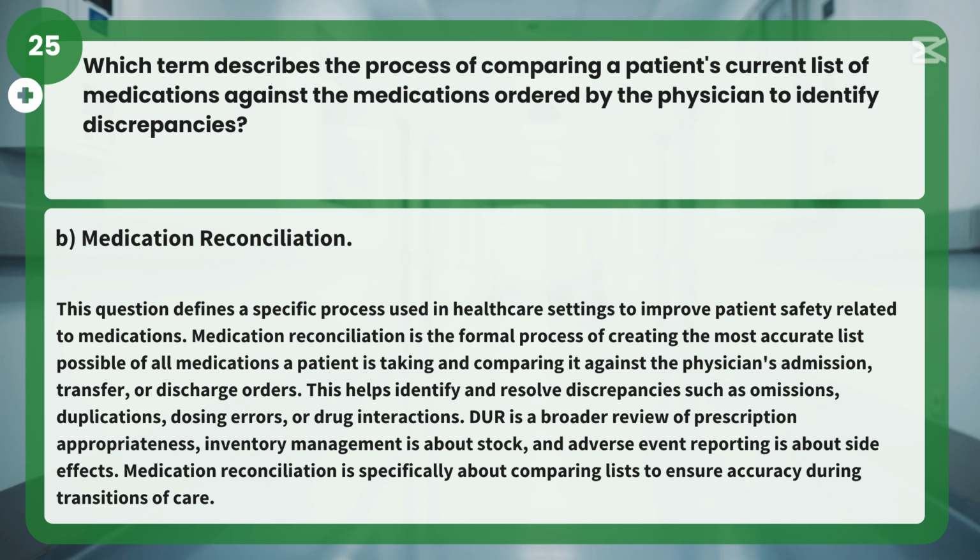This helps identify and resolve discrepancies such as omissions, duplications, dosing errors, or drug interactions. DUR is a broader review of prescription appropriateness, inventory management is about stock, and adverse event reporting is about side effects. Medication reconciliation is specifically about comparing lists to ensure accuracy during transitions of care.